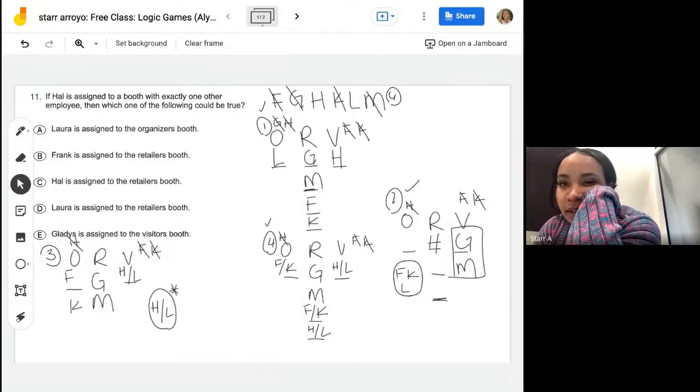So I'm kind of stuck between B and C. Because I'm trying to find a world where H is only by themselves, and exactly, when H is only with one other person only.